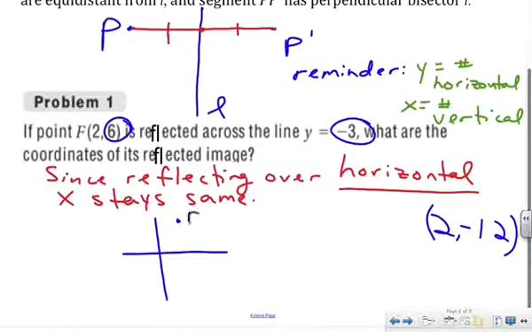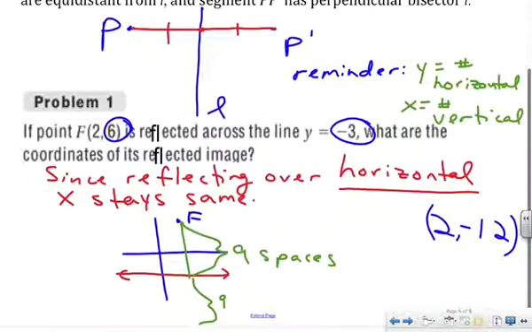Here's my point F. I'm reflecting it over the line y equals -3. This distance was 9 spaces. So that's why we went another 9 spaces to get to -12.